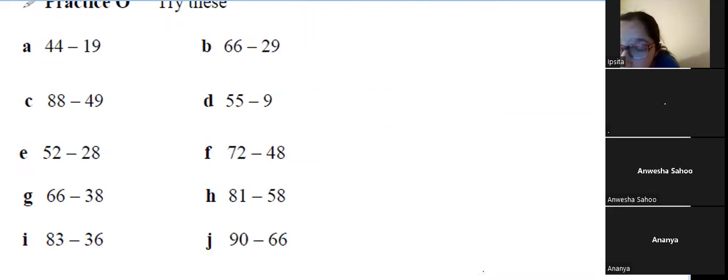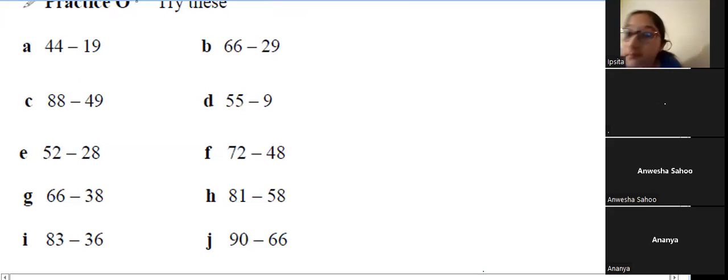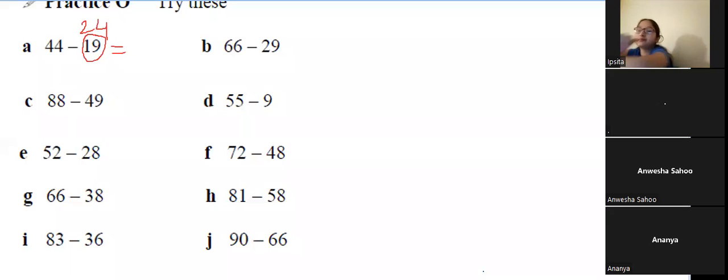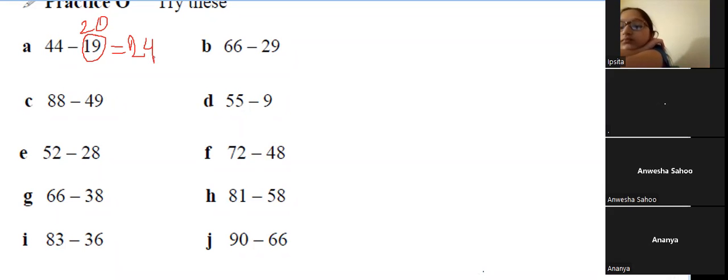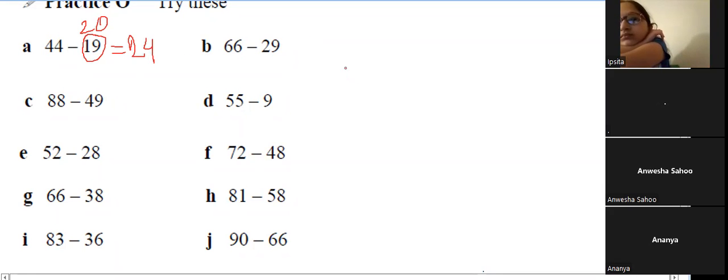So 19 can become 20 and 44 minus 20 would become 24, and because I took 20 instead of 19, I need to subtract one more. See here, just see here.